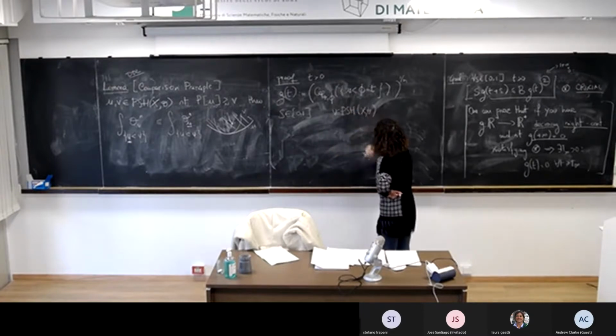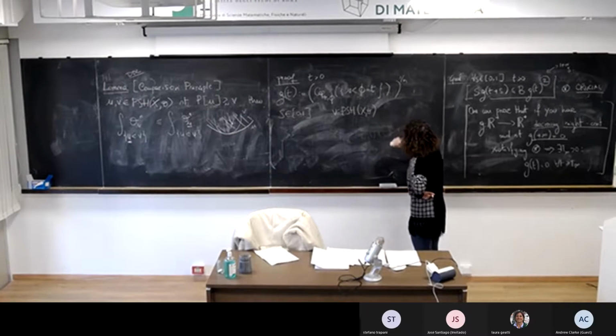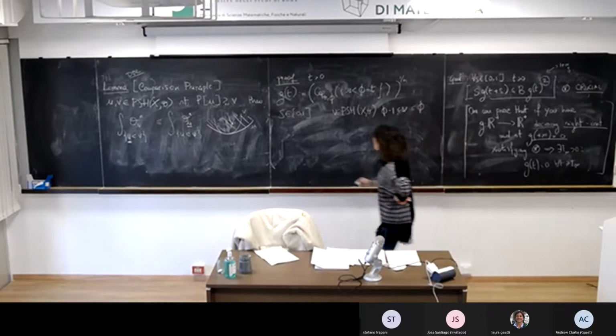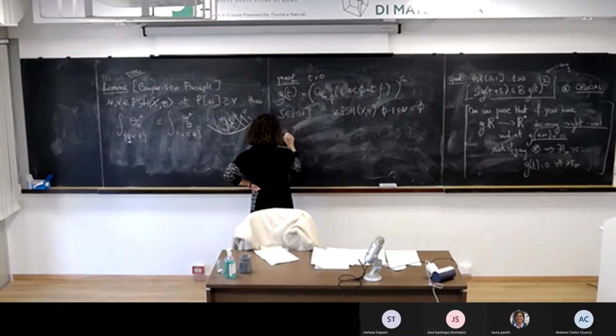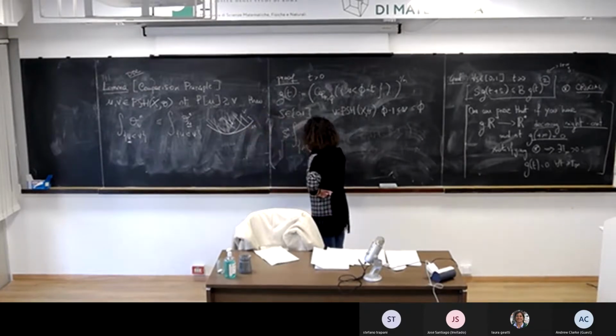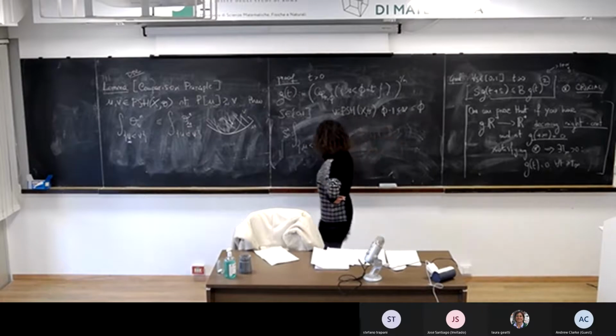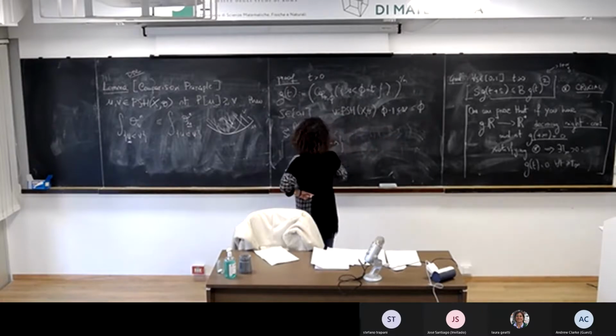So you take something that is theta-PSH, and it is bounded by phi minus 1 and phi. So you look at s to the power n, the integral over u less than phi minus t minus s of theta v to the power n.